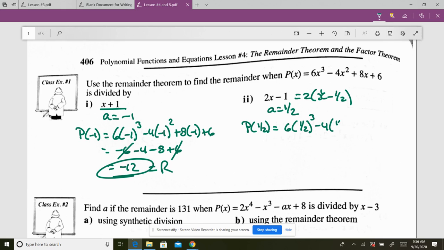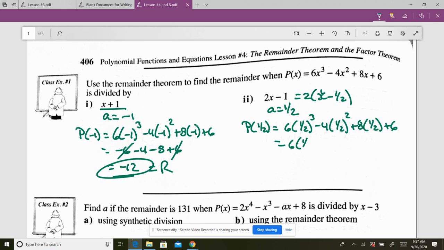We're going to test our fraction skills here. All right. No calculator. What's 1/2 cubed as a fraction? 1/8. Right? 1 times 1 times 1 is 1. 2 times 2 times 2 is 8.